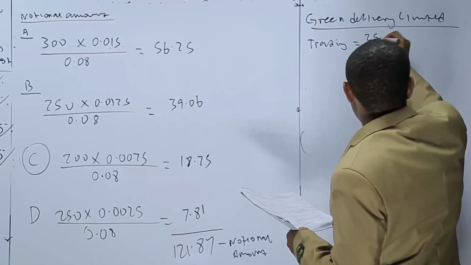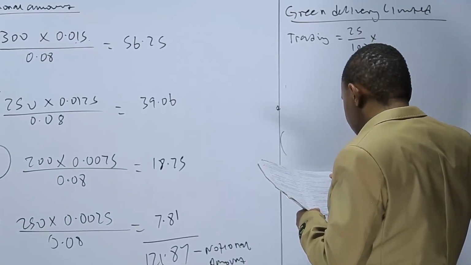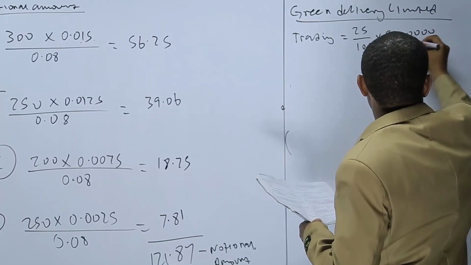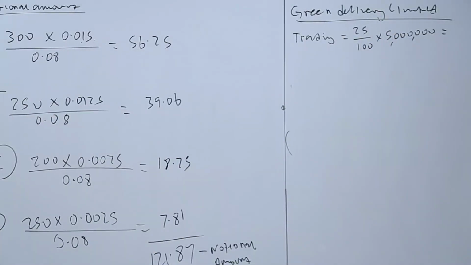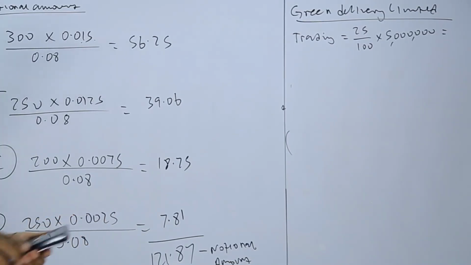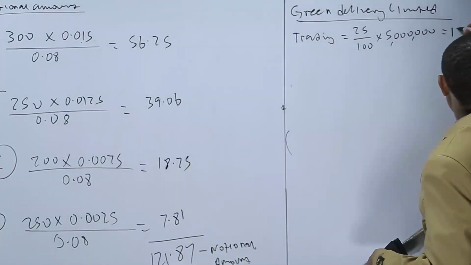So it's 25 over 100 times the par value, which is 5 million. So how much do we get? Times 5 million, that is 1,250,000.